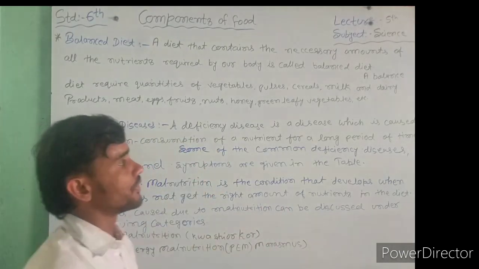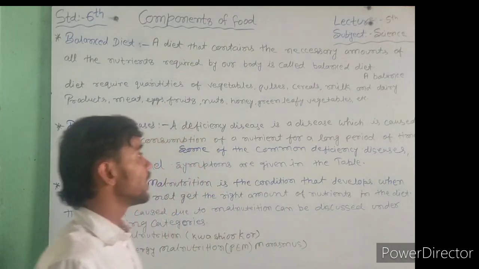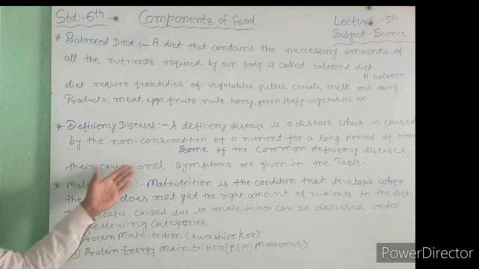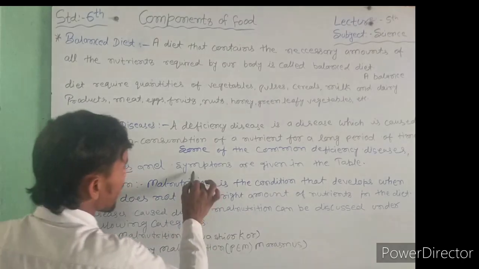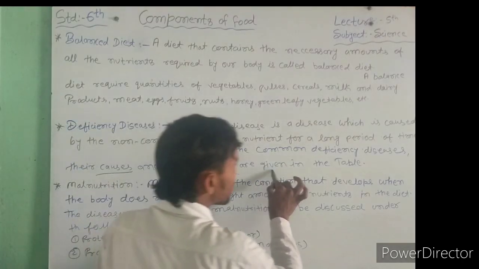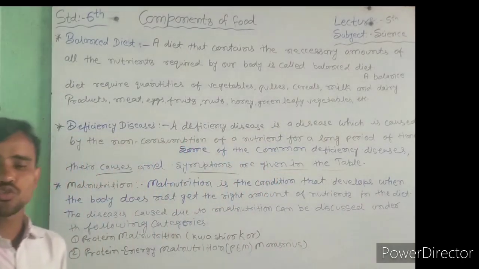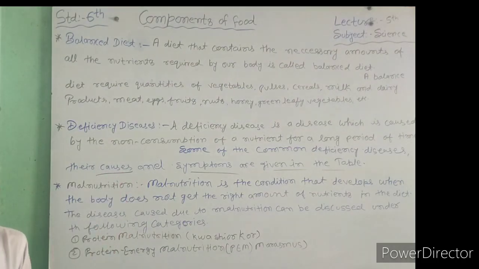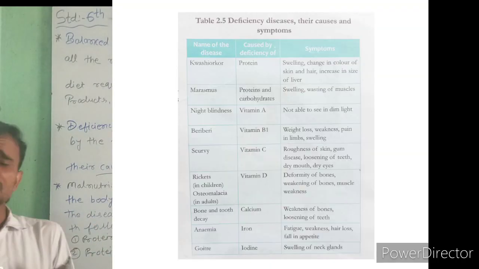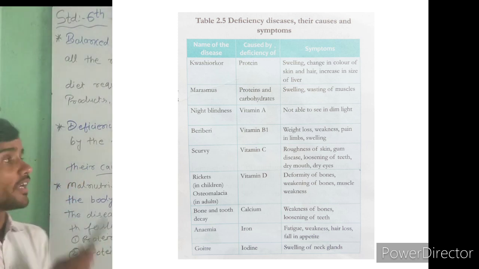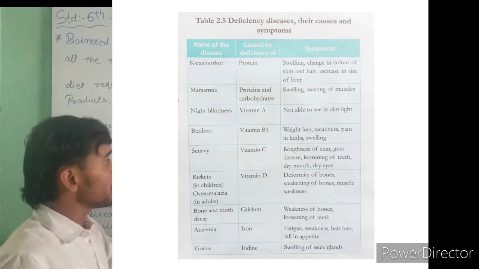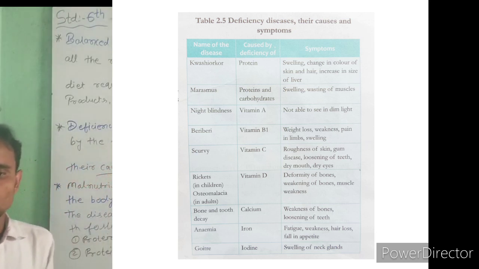Some of the common deficiency diseases, their causes and symptoms are given in the table. My dear students, you see the table of deficiency diseases, their causes and symptoms. Just like you see first, kwashiorkor.